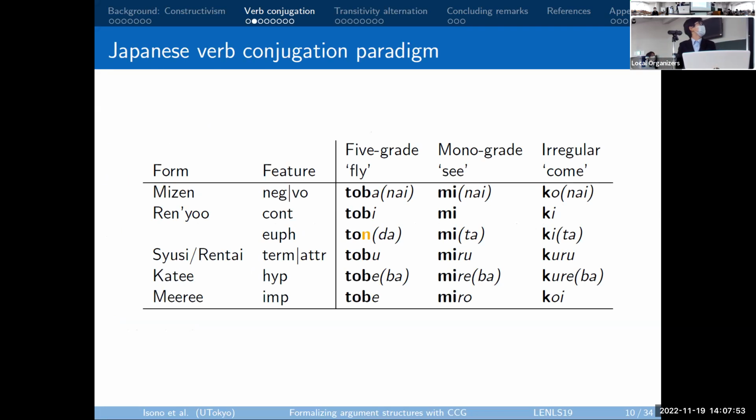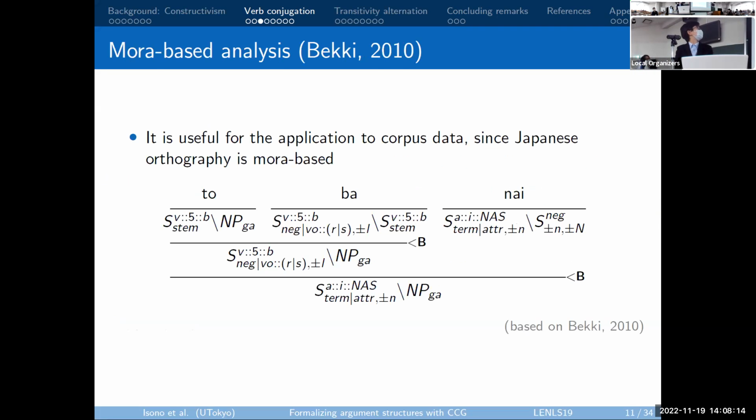So this is the overview of the Japanese verb conjugation paradigm. As you can see here, the conjugated form consists of the stem and some inflectional ending. And the stems are not always, not entirely stable, as you can see here, for example, TON here. We will discuss how to deal with it later. 2010 proposes a morpheme-based analysis of Japanese conjugation in CCG.